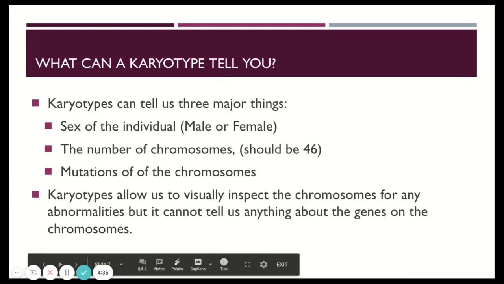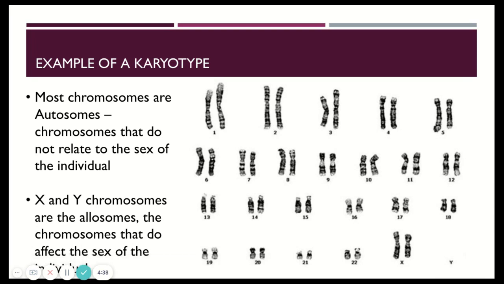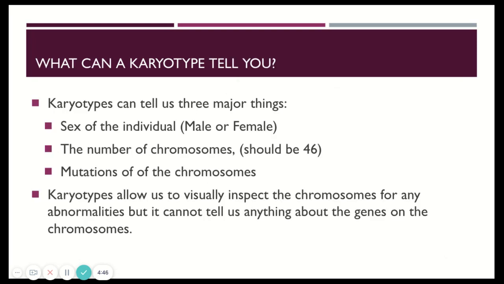So what can karyotypes tell you? Because this is just a picture of our chromosomes, it doesn't tell us what those genes say, it doesn't tell us all the genetic material on them, but it can tell us certain things. It can tell us the sex of the individual, male or female. Are they XX or XY? The number of chromosomes, it should be 46, but there are cases where it is not. Sometimes you have multiple sex chromosomes.